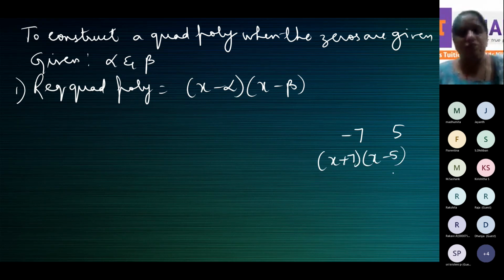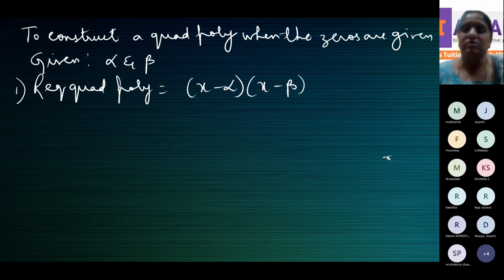When you find this product, you will get the quadratic polynomial. If you equate it to 0, that's the quadratic equation. So this is one of the ways of finding the quadratic polynomial. The other method is what we just saw.